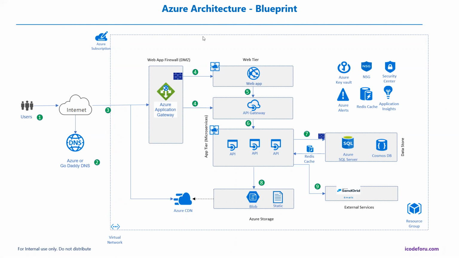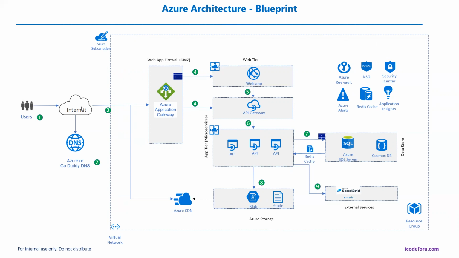Once the DNS resolves the URL, the request is sent to your network. Your network has a subscription in the cloud. So this infrastructure is hosted in the cloud with a different subscription. I'm going to use 3 subscriptions: one for dev, one for test, and one for production. And I'm going to have a separate virtual network for each environment. I'm also going to logically arrange all my Azure resources using the resource group.